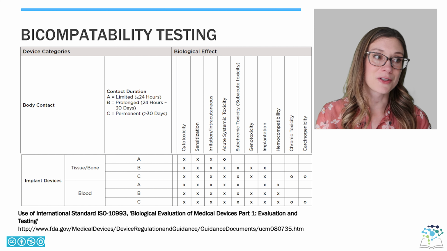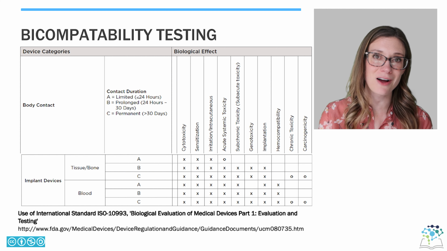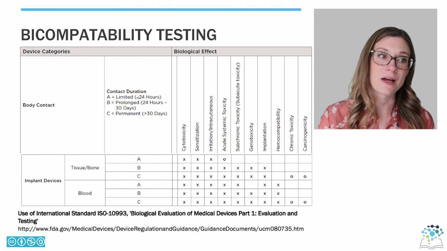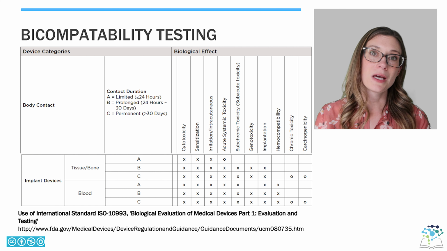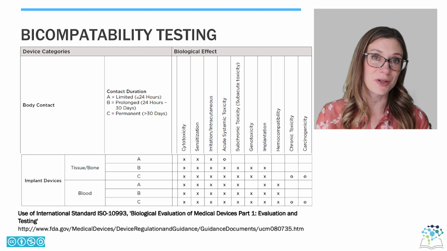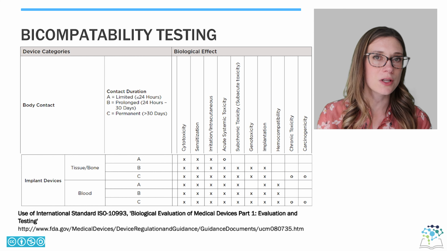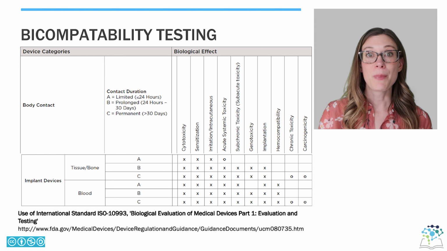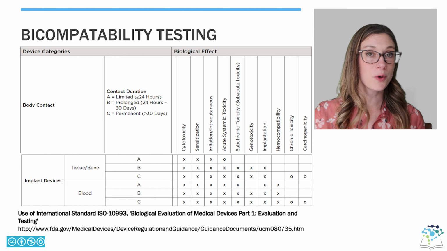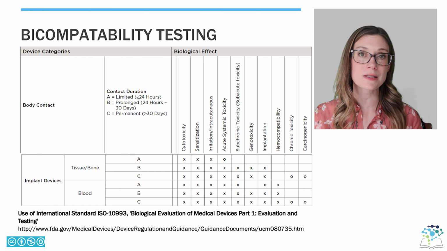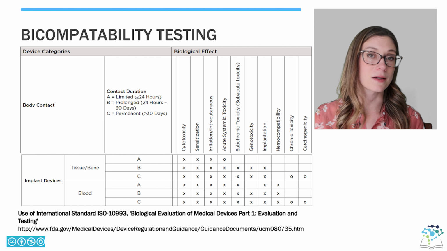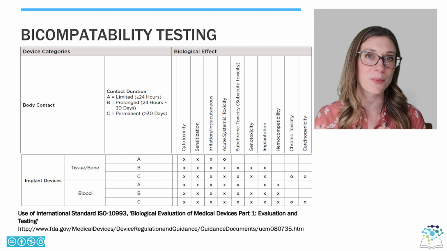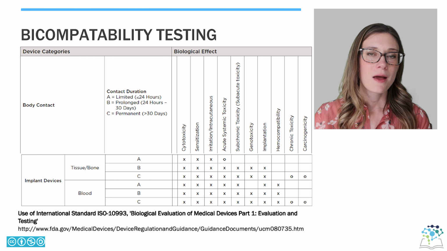For our hypothetical device, which is an implanted device that contacts tissue and bone for less than 24 hours, we would need to consider the cytotoxicity, sensitization, and irritation biocompatibility studies, and potentially also the acute systemic toxicity, depending on the device technological specifications. But you may need to consider more or fewer of these tests based on your body contact and duration. And so you'd use this chart to help you determine which tests you need.